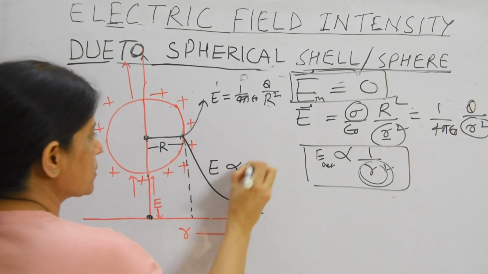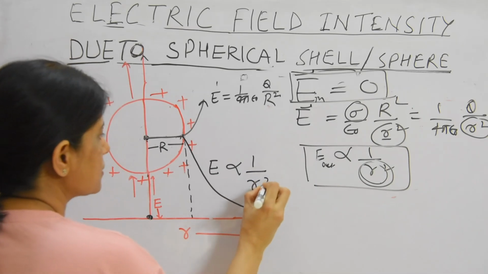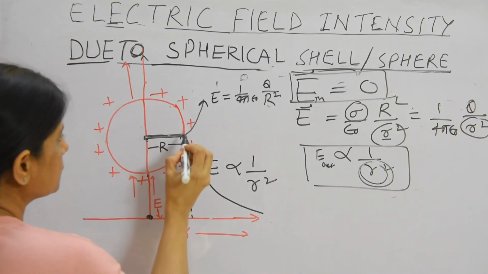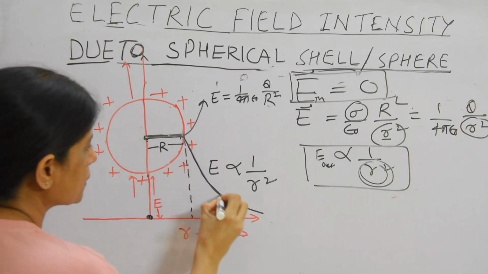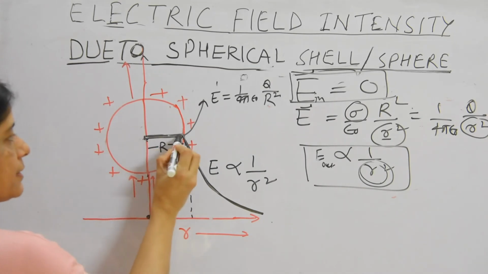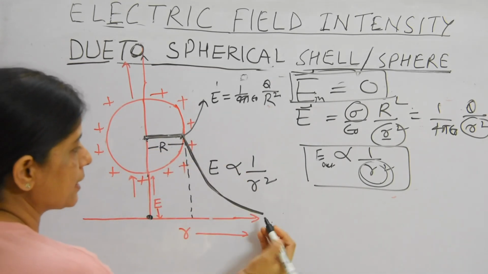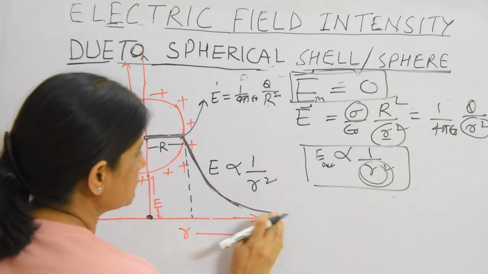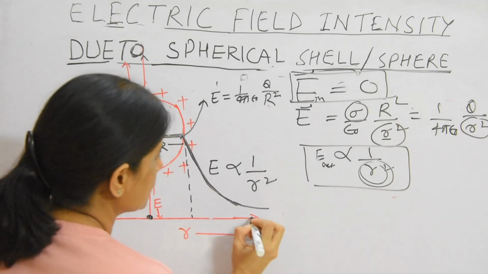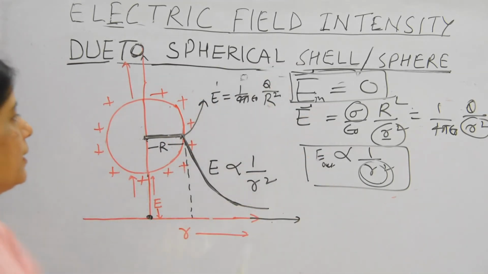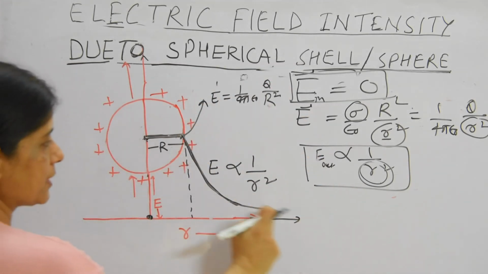So this is the graph of the shell, the value of electric field intensity inside the shell and outside the shell, how it is decreasing. It will not need to go like this. This would be the graph of electric field intensity inside and outside the shell.